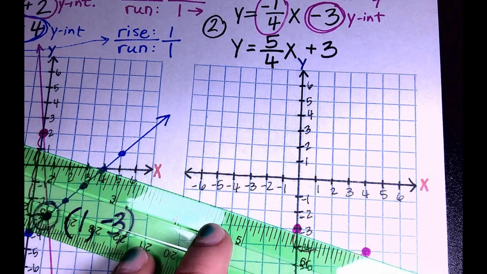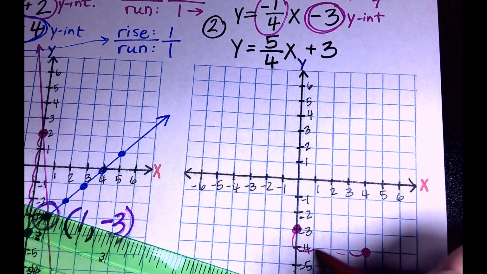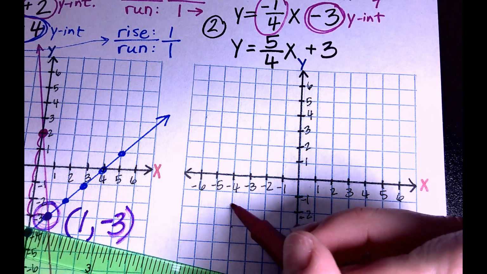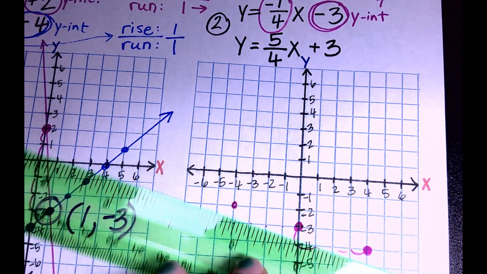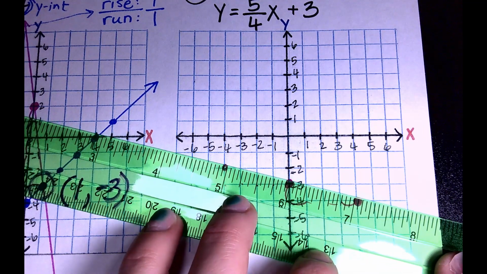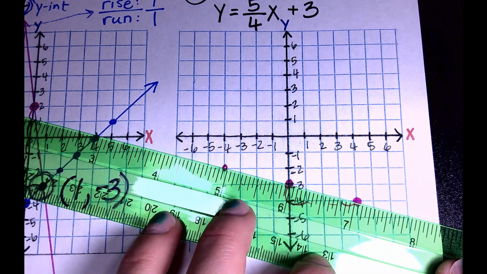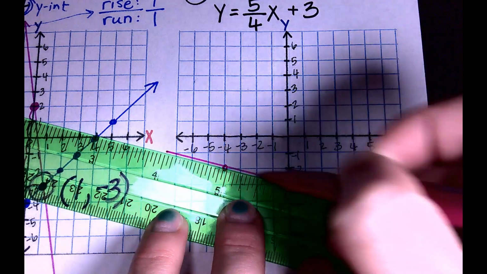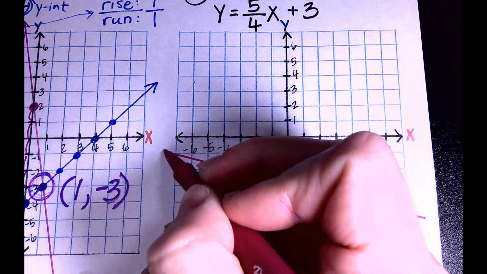And again, it never hurts to repeat that slope. Over 4, up 1. I'll just give myself a third point. Okay.